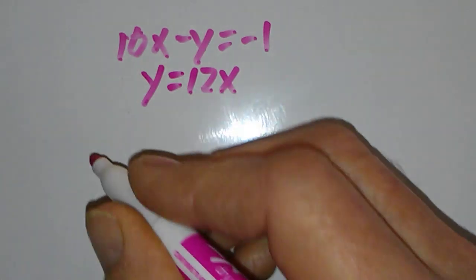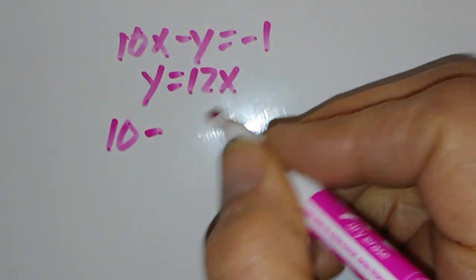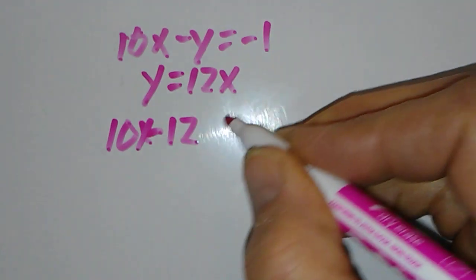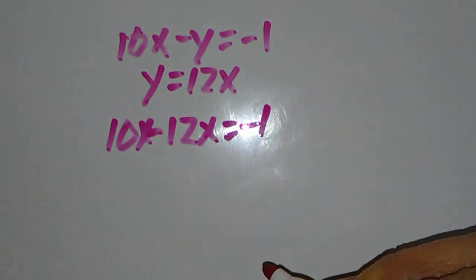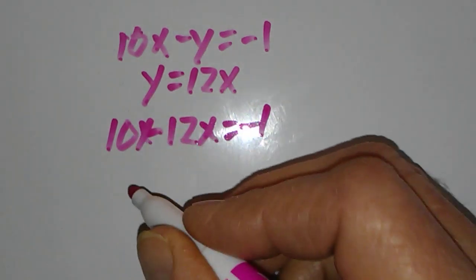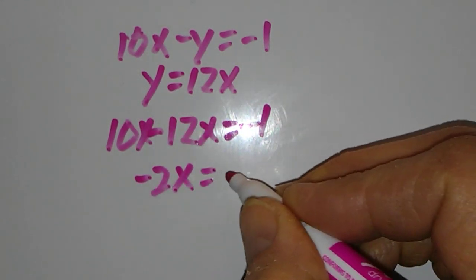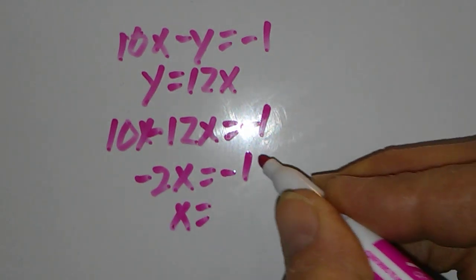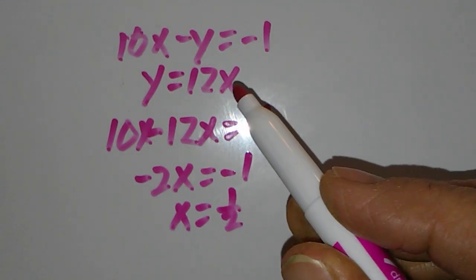That looks like a nice easy number. So I get 10x minus 12x equals negative 1. Now, 10x minus 12x is minus 2x equals negative 1. Divide by negative 2, x equals negative 1 over negative 2 is 1/2. That's my first answer, 1/2.